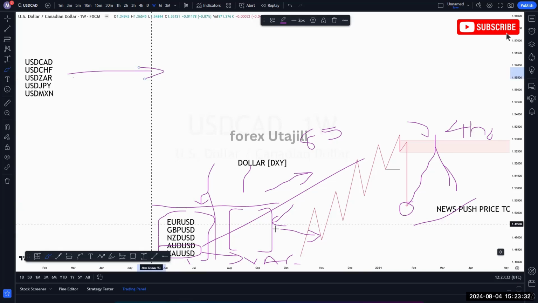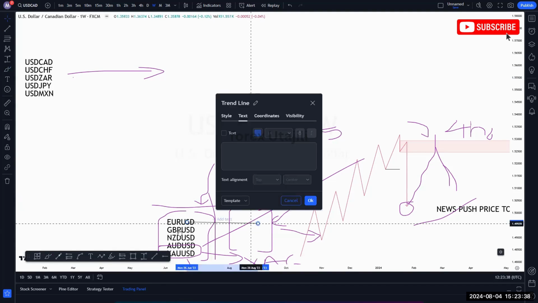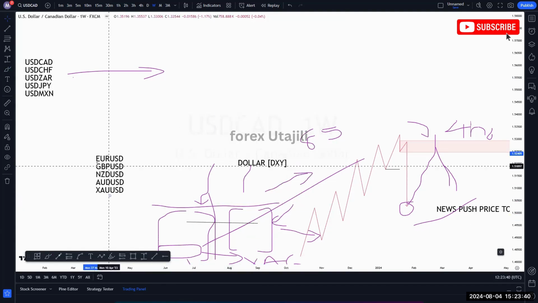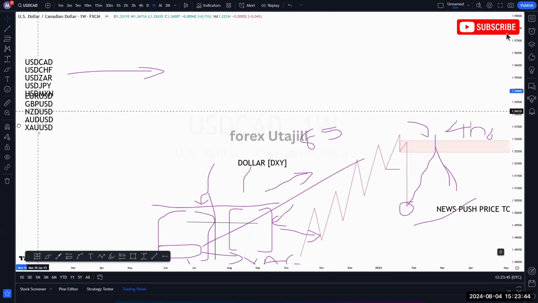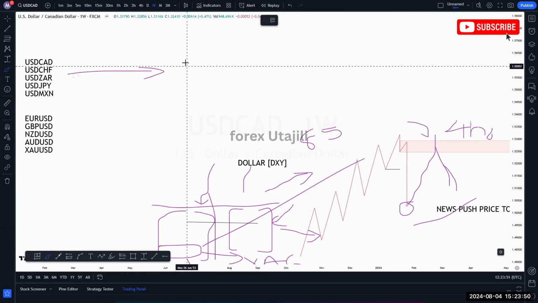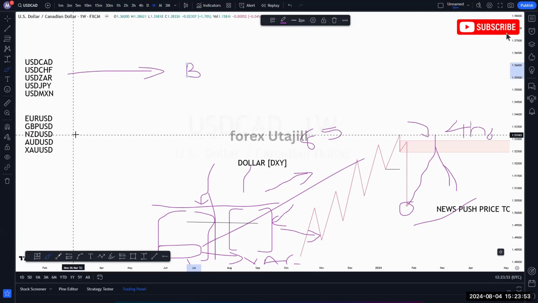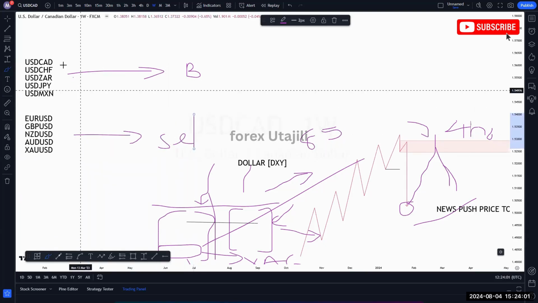And this will have a structure going the opposite way to what the dollar is printing, meaning that whenever we are expecting the dollar to move up, this will be selling.